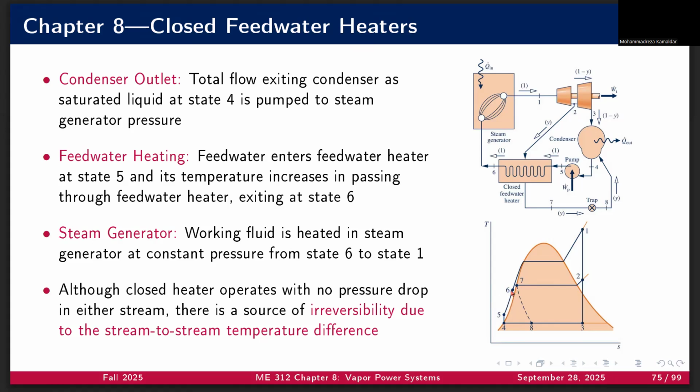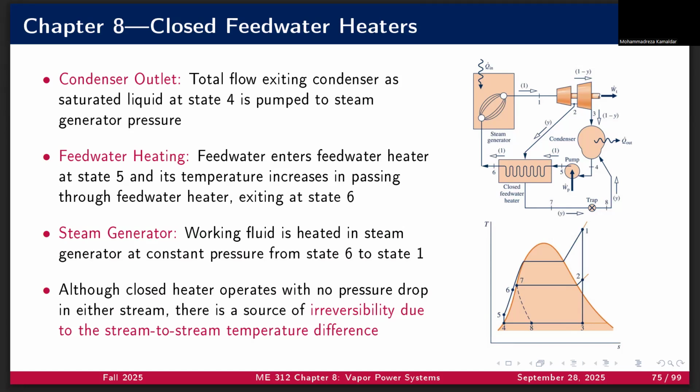This is compressed liquid, not saturated liquid. And its temperature is much higher than state 5, thanks to the regeneration. Okay, so as you see, the main goal of the regeneration is to increase the temperature of the working fluid before it enters the steam generator.